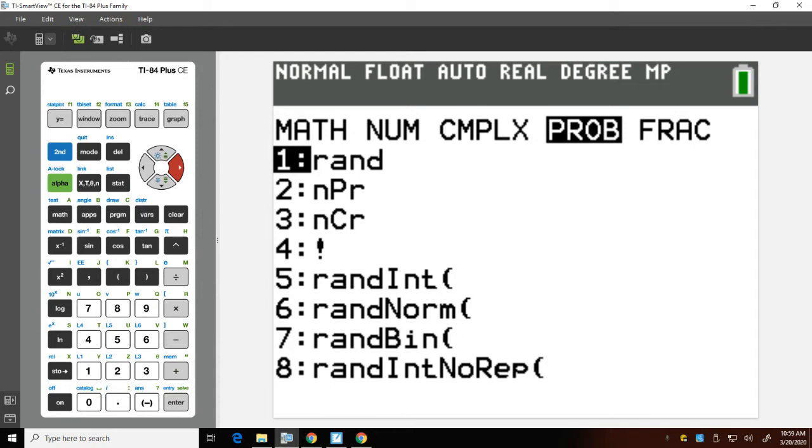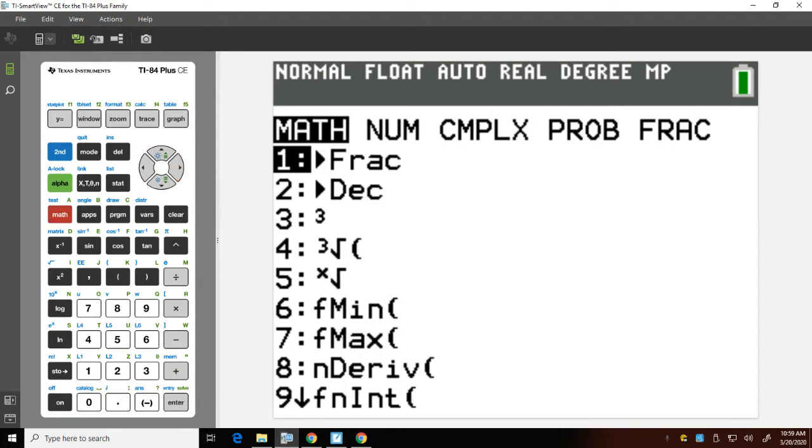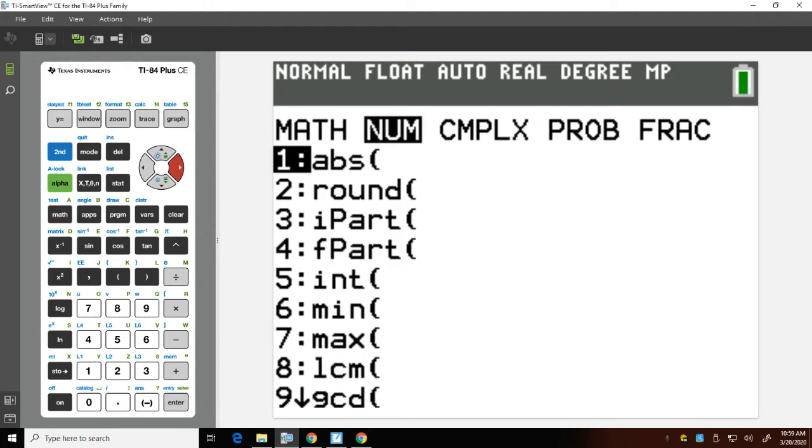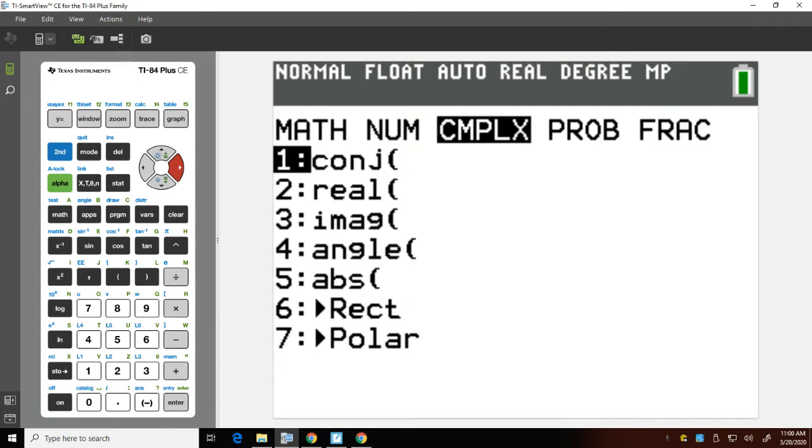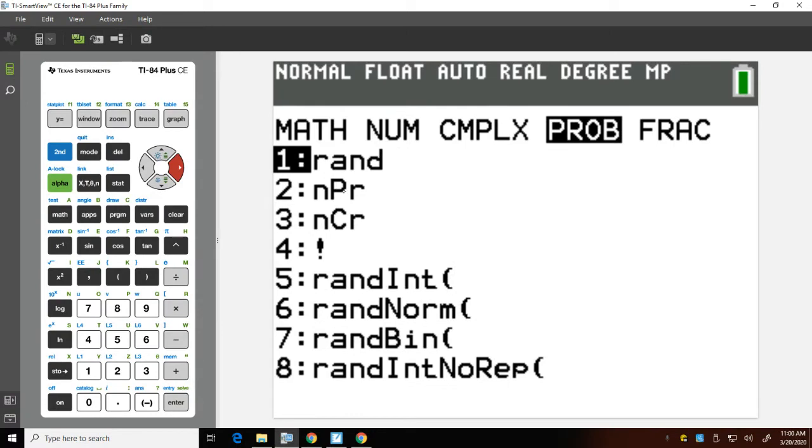Okay? So we're going to be using those in chapter 11. So math, scroll all the way over to prob. It's right up here at the top. So scroll one more, and we're going to be using the nPr, the nCr, and the factorial. Those are going to be the big things that we want to use. All right? And our fraction key.